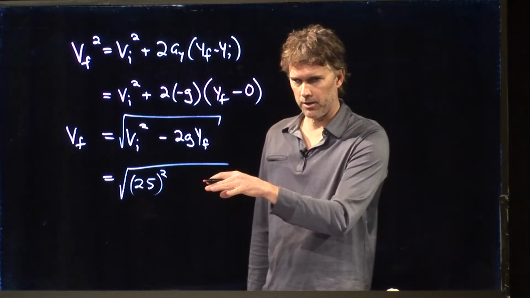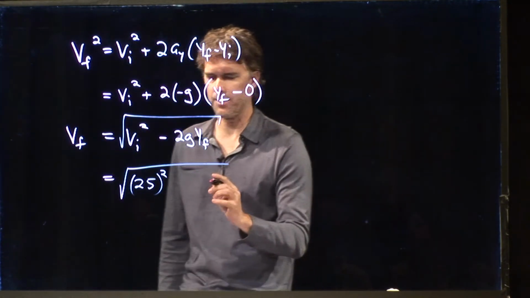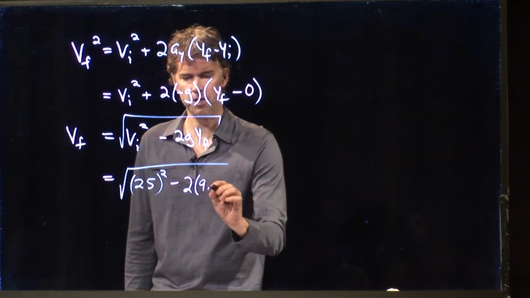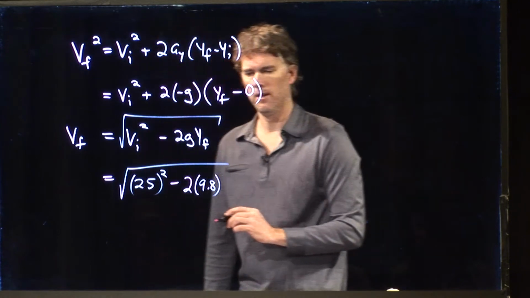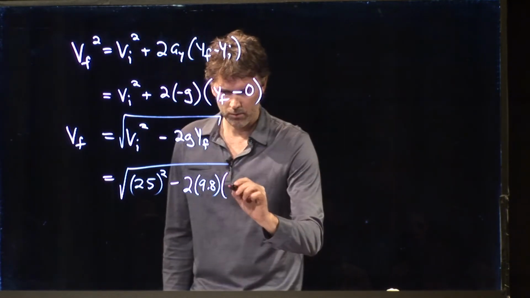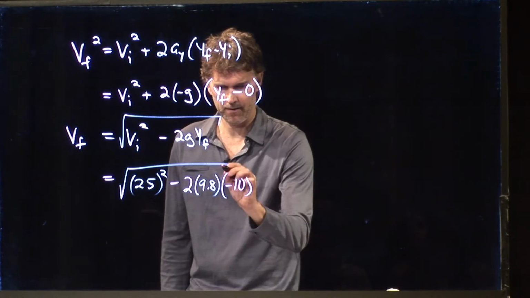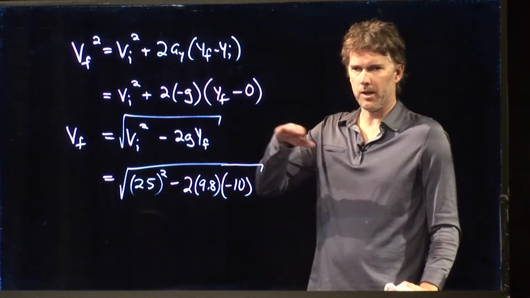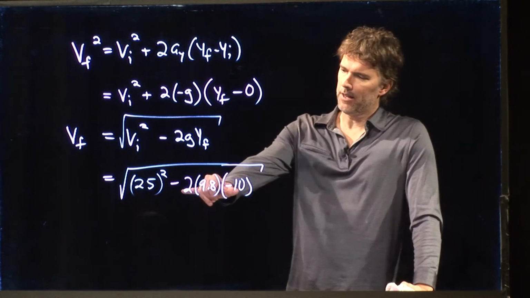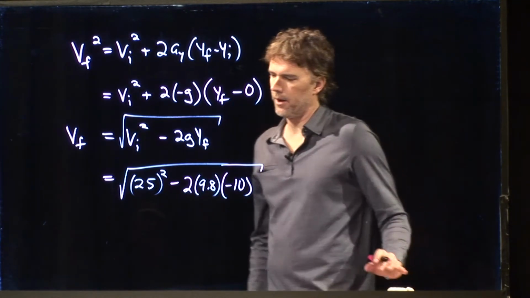If we're in SI units, we don't have to write down the units every time. We've got minus 2 times g, which we said was 9.8 meters per second squared. And then we have y final, which we said was negative 10. So we set the origin at ground level, and that means that the bottom of the hole is minus 10. And that's good because the minuses are going to cancel out there.